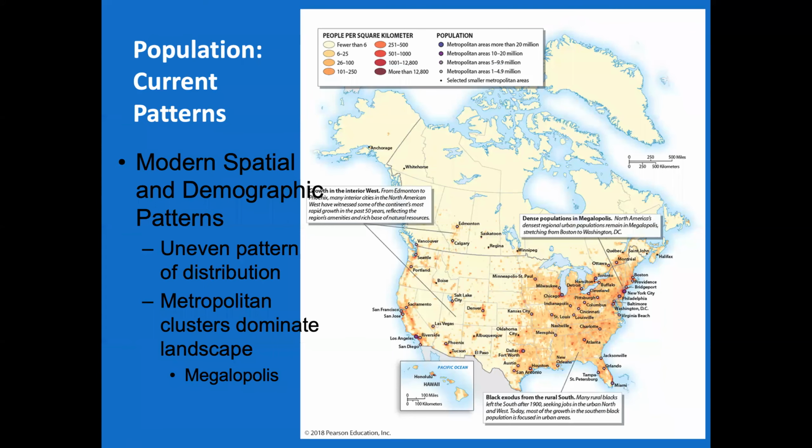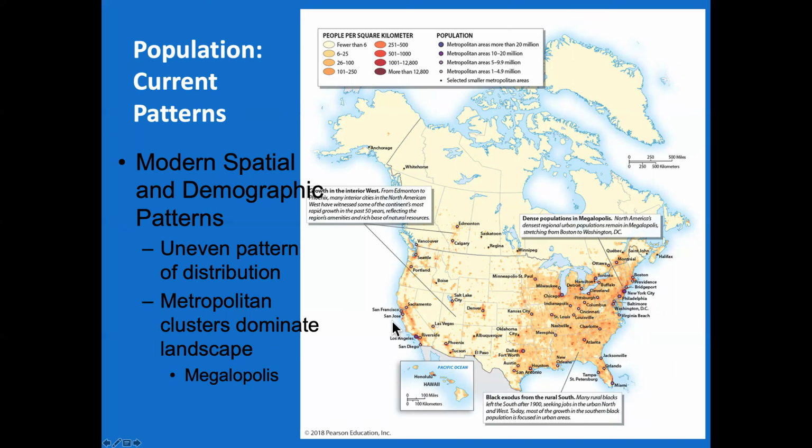Population. So the distribution of people in the US from this image and Canada is definitely uneven. In Canada, the majority of people live within about 25 miles of the US border. In the United States, the majority of people live on a line from about San Antonio, Dallas, Oklahoma City, KC, Minneapolis east.